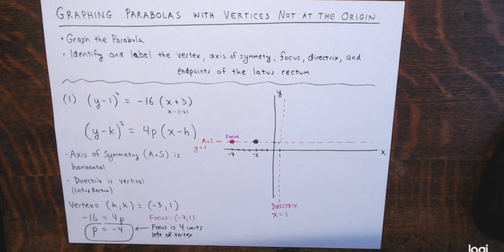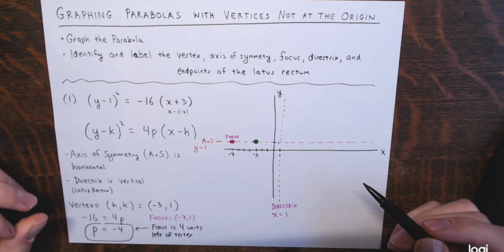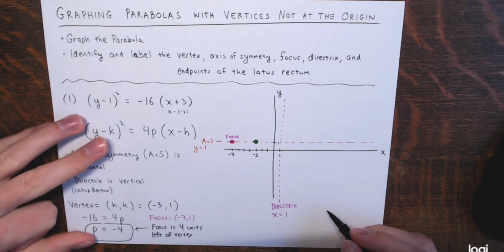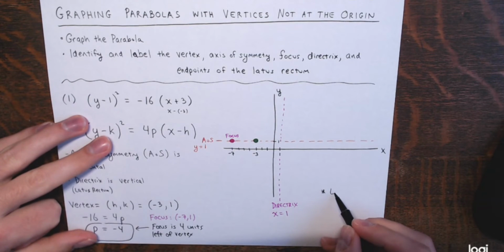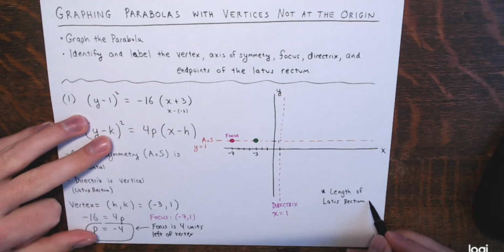Right, and now that I have the focus and directrix in, I should be able to find those ends of the latus rectum. Now a note I made last time I'm going to make again here. The length of that segment called the latus rectum is the absolute value of 4p.